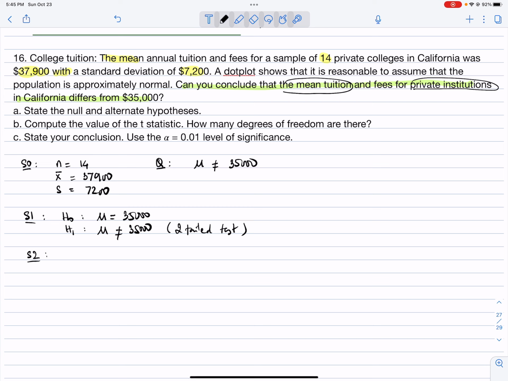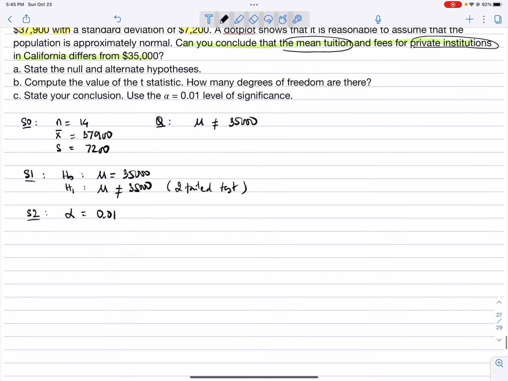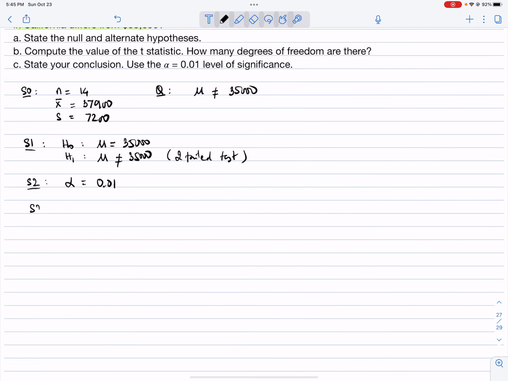Step number 2, we choose the alpha. The alpha already given to us is 0.01. Now step number 3, we compute the test statistic. The formula is T equals X bar minus mu naught divided by S over square root of N. We will plug in the numbers.